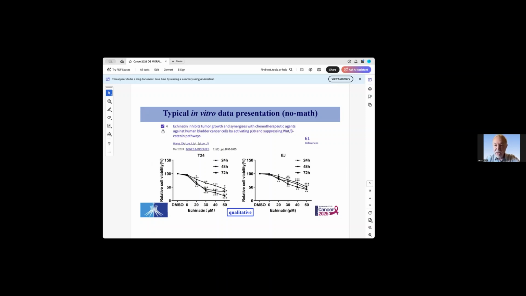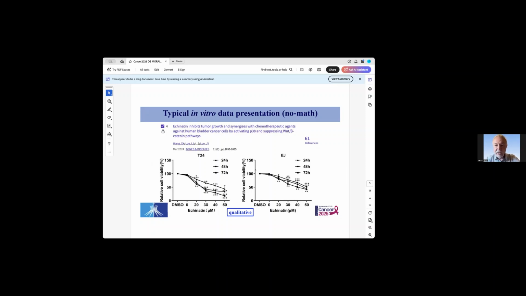So these are the two pieces of information you can extract. And perhaps an extra piece of information is that this chemotherapeutic agent is more effective for the T24 cell line than it is for the EJ. Besides these perhaps three pieces of information, it's very difficult to extract any precise information.